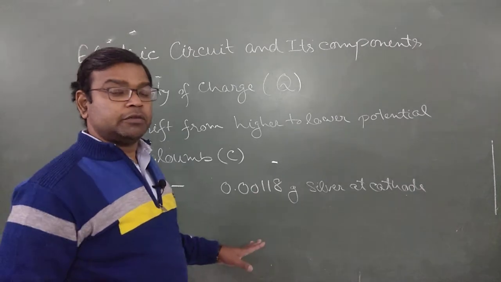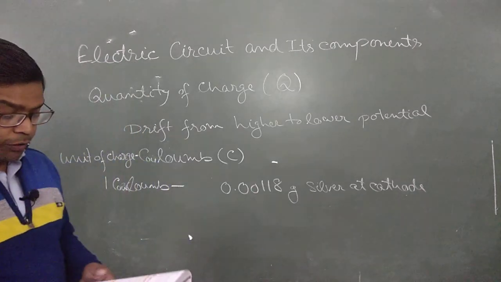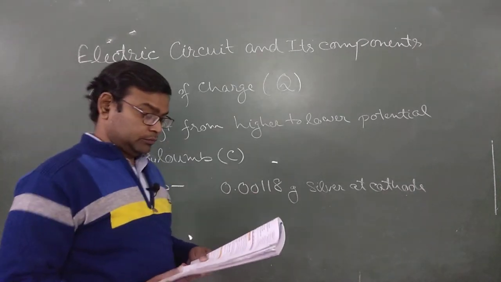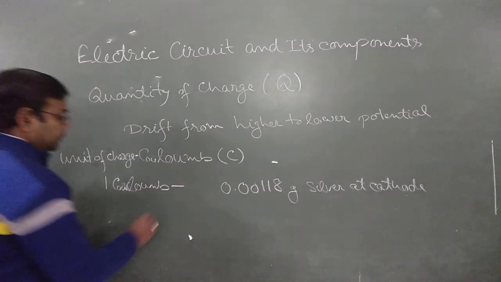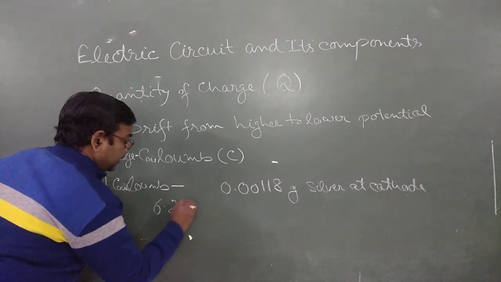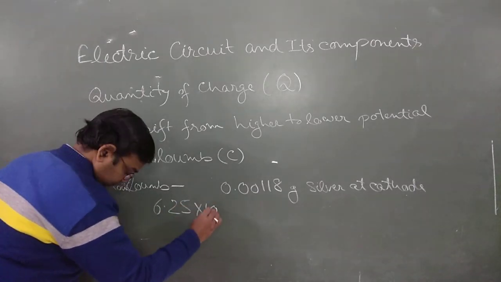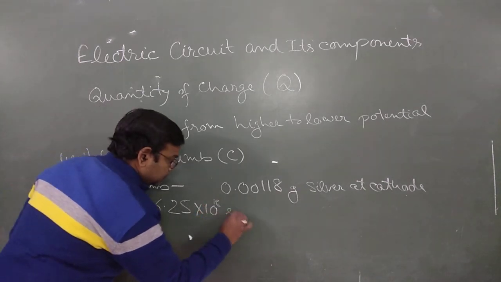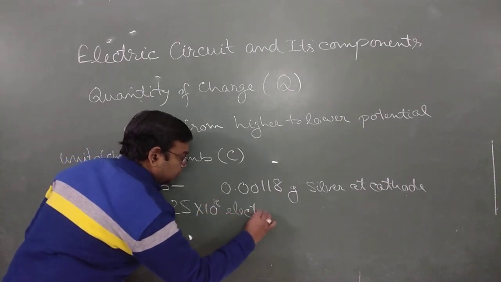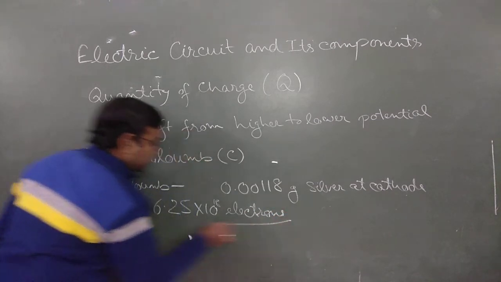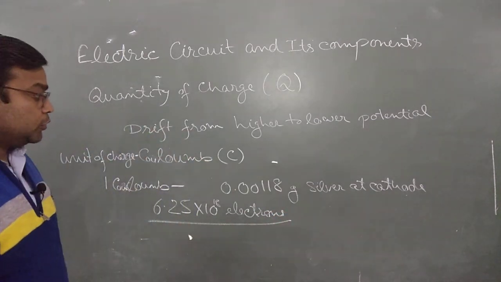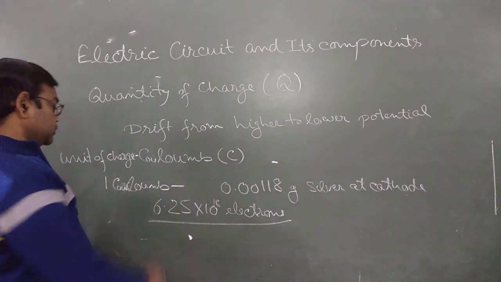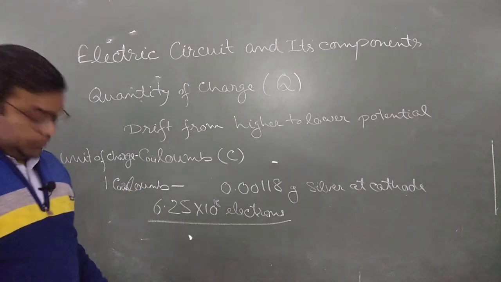It has been found that 6.25 into 10 to the power 18 electrons, a large number of electrons, pass through silver nitrate solution to produce a charge of 1 coulomb.